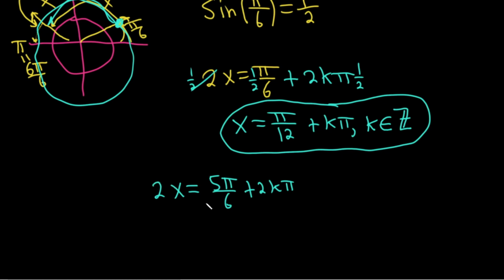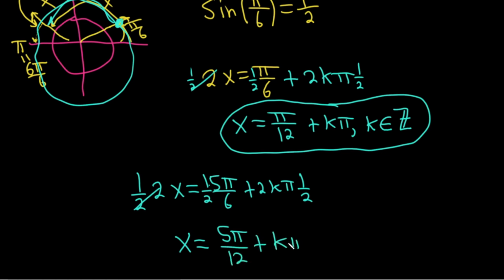Again, to solve for x, because we have a fraction on this first term, it might make a little bit more sense to multiply by 1/2. It makes things a little bit easier to look at. So x is equal to, 1 times 5 pi is 5 pi, and then 2 times 6 is 12, plus k pi. And in all of this, k is an element of the set of integers. And that's it, we've solved it.